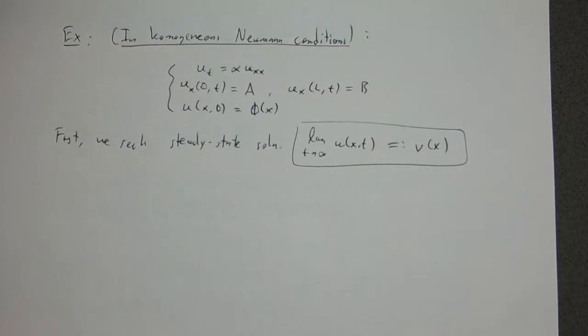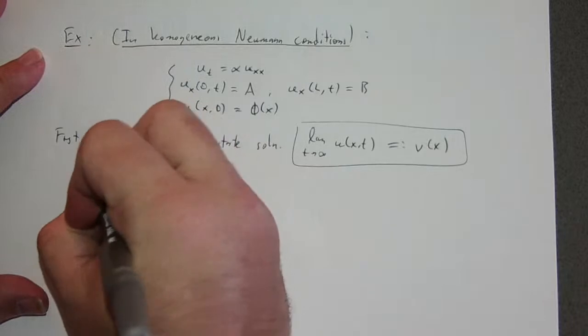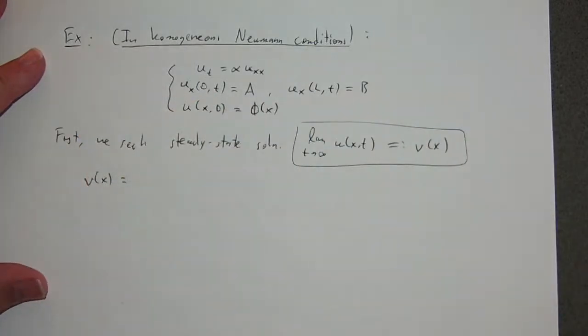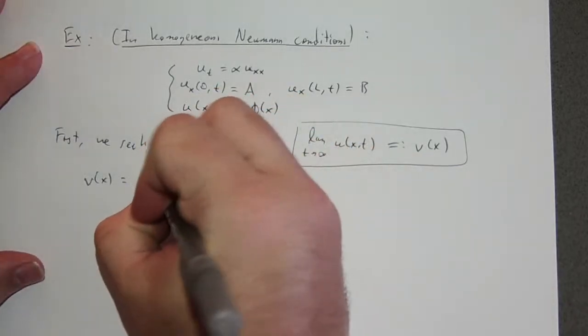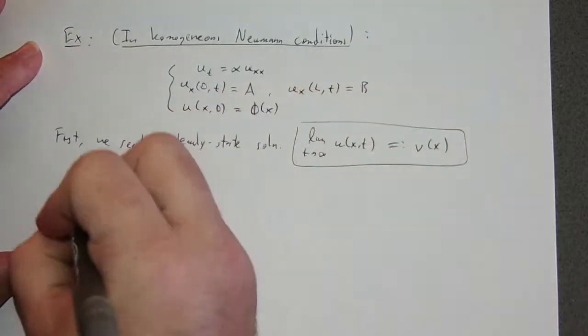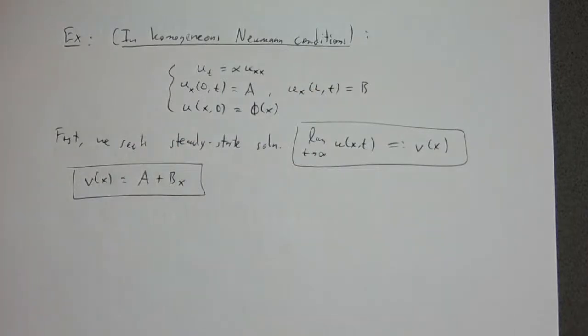As before, v of x has the general form a plus bx. I think I wrote it as ax plus b before, but that's fine.